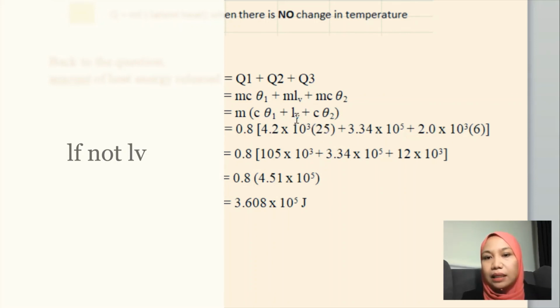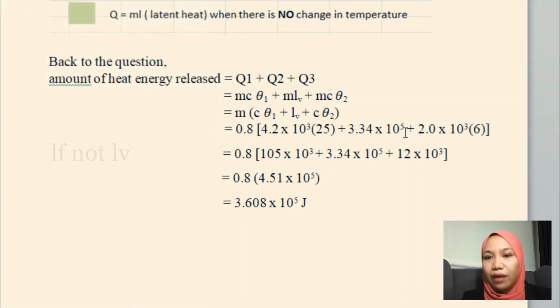And then the specific latent heat of fusion is given as 3.34 times 10 power 5, plus the specific heat capacity of ice is 2.0 times 10 power of 3, and change in temperature is 6, from 0 to negative 6 degrees Celsius. And we have the answer here: 3.608 times 10 power of 5 joules.